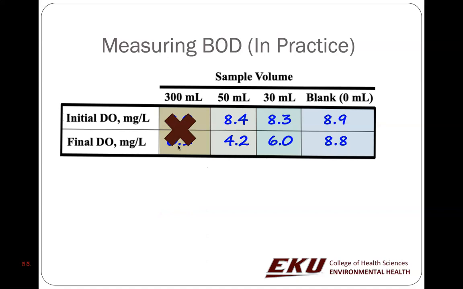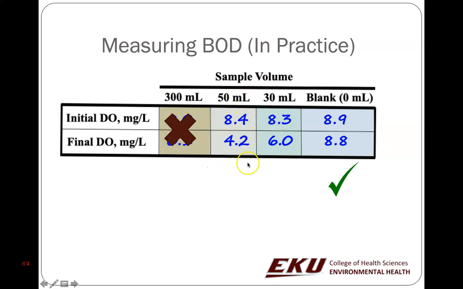The next one, let's go over to the end over here. Did our blank change by more than 0.2 of a milligram per liter? Is it like 8.6, 8.5, 8.0? No. So our blank did not change much, which is a good thing. Since it didn't change by more than 0.2, it passes the test.